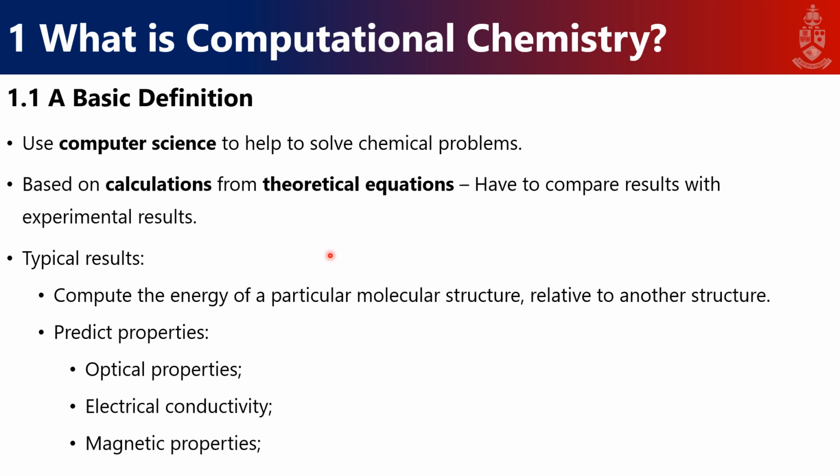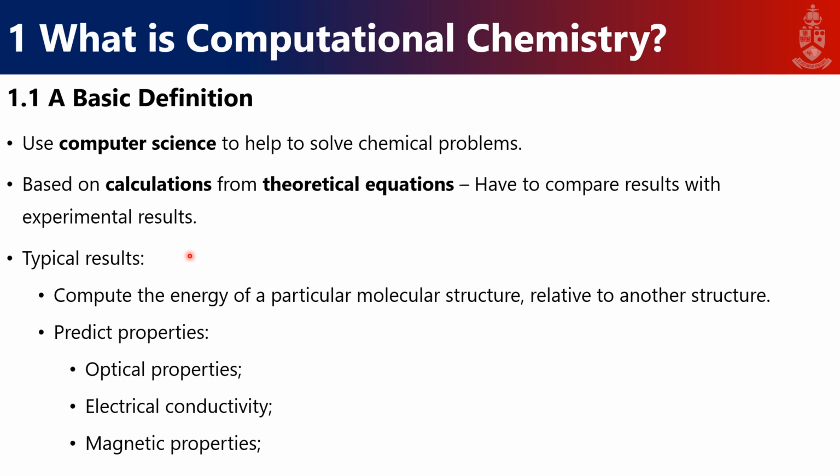And we always have to compare. We're still in the stage where we need to compare with experimental results. We're not quite at the stage where people accept that computational chemistry is indeed correct and completely covers all aspects of chemistry. So we still need to compare it to experimental results and see if it predicts the same as the experiment does, or what our intuition says.